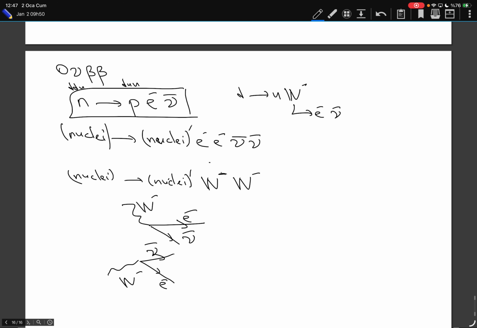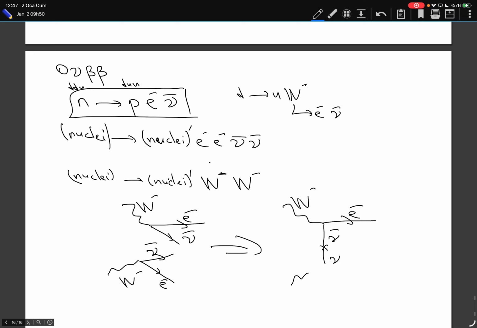But if this is possible, then in principle this should also be possible. An omega minus becomes an E minus, emitting an antineutrino. The antineutrino becomes a neutrino. They are the same thing.